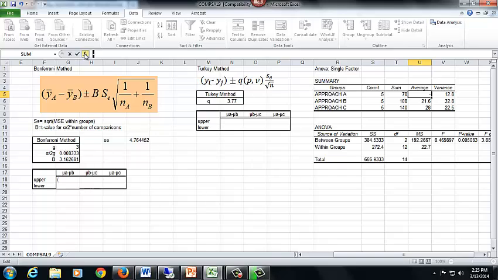All right, so for this upper bound, A minus C, so the average of A minus, you know what, it might help if I, oops, hold on. Okay, this is equal to the average of A minus the average of C plus B times SE. Okay, let's put this in parentheses.